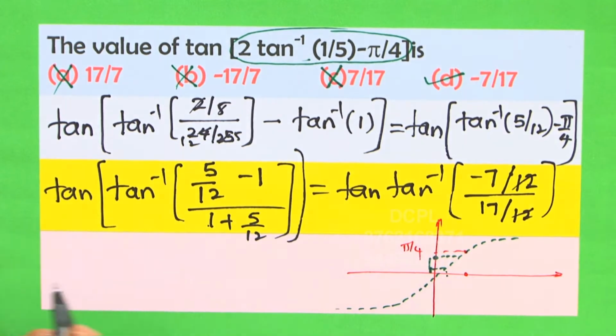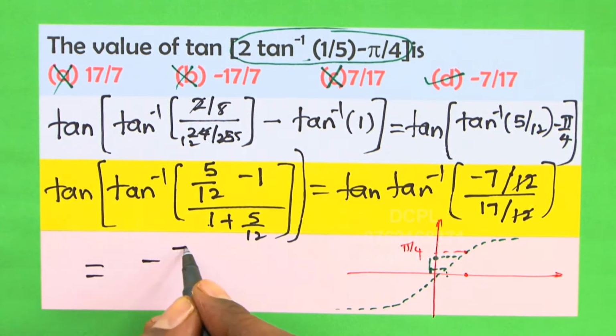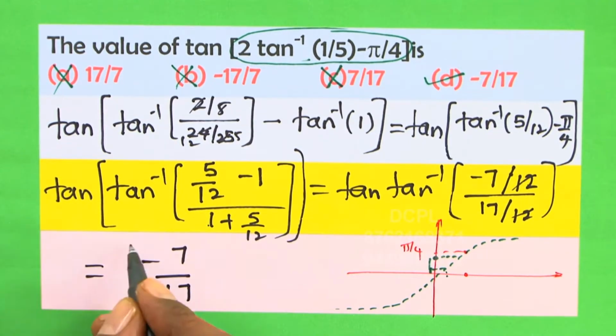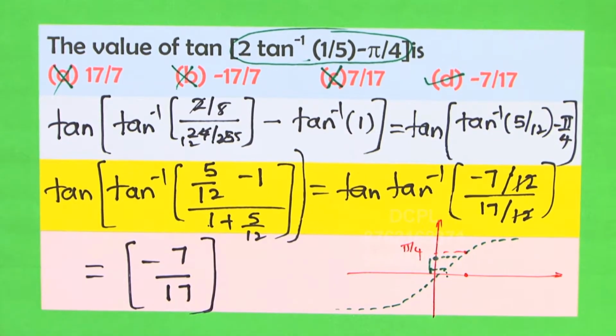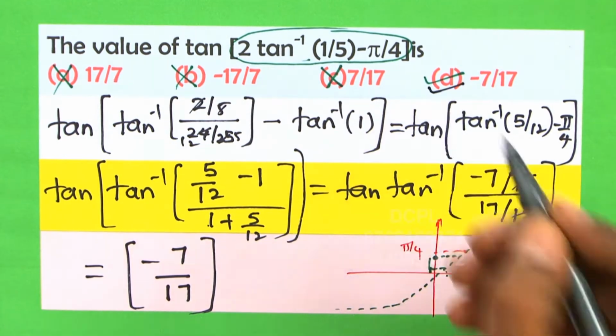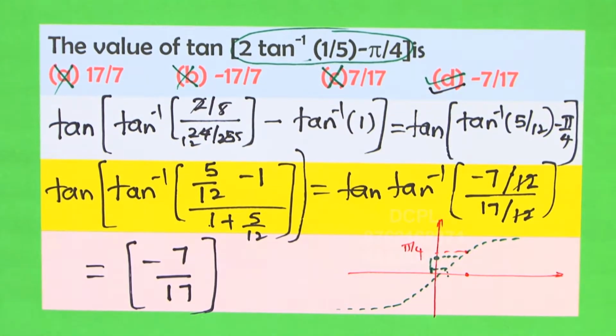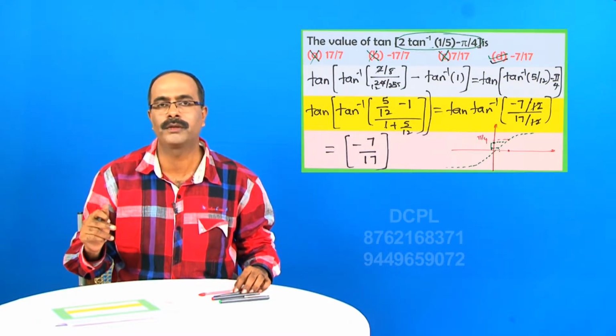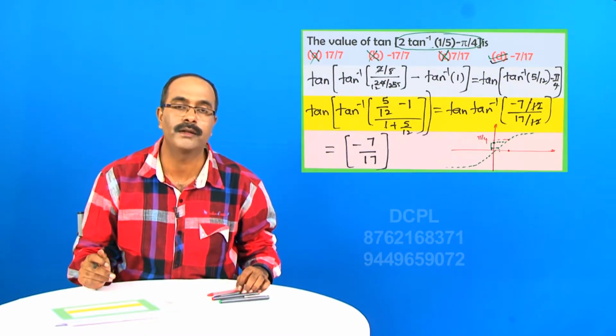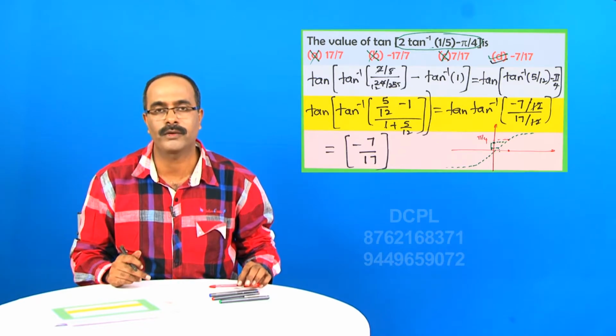So 12 cancels, tan inverse cancels, you will get that is equal to minus 7 divided by 17, right? So that clearly says option D is correct. So maybe this method looks more precise, but the graphical approach gives better results or the results at a shorter duration of time.